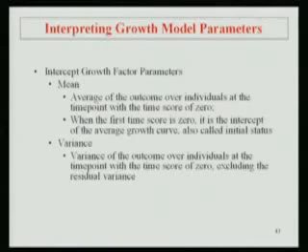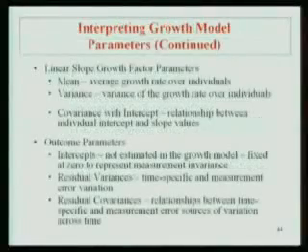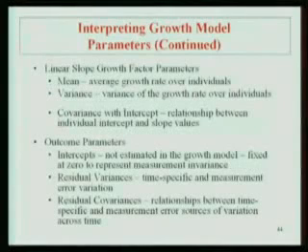And then we can have a covariance with the intercept. So that's the relationship between the intercept growth factor and the slope growth factor. And let's say it's positive. So that would mean that people who start out high grow faster, people who start out low grow slower. So that's also important to look at because you want to understand what is happening in the process that you're interested in studying.